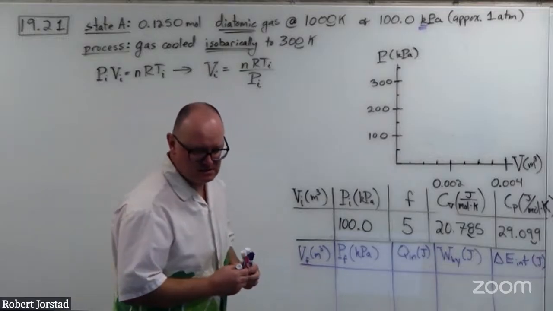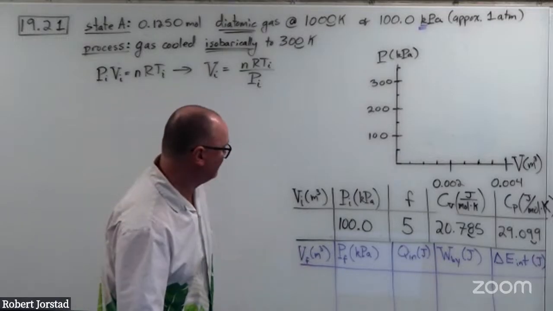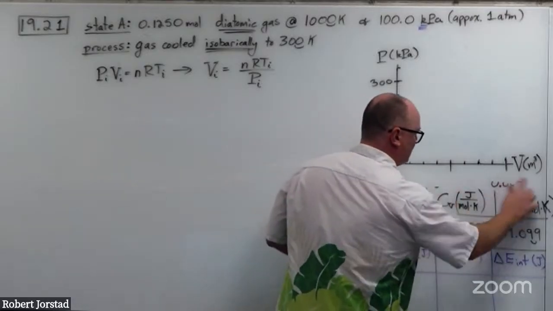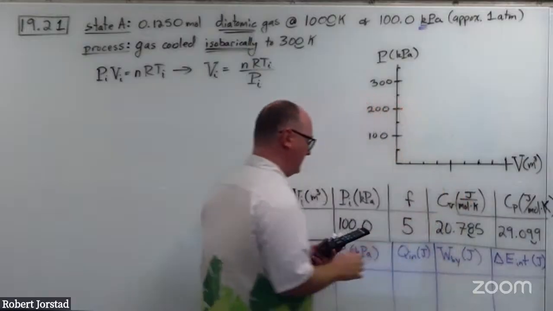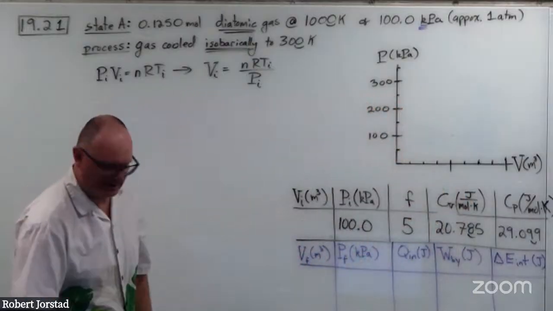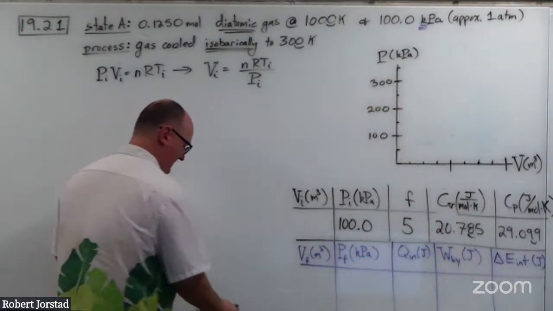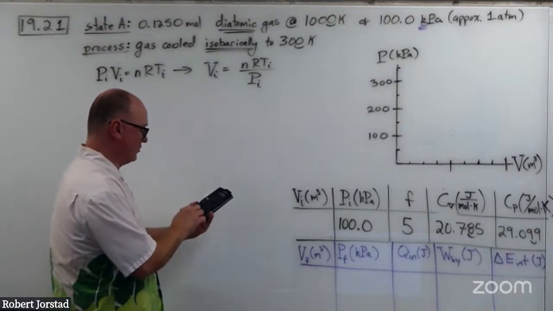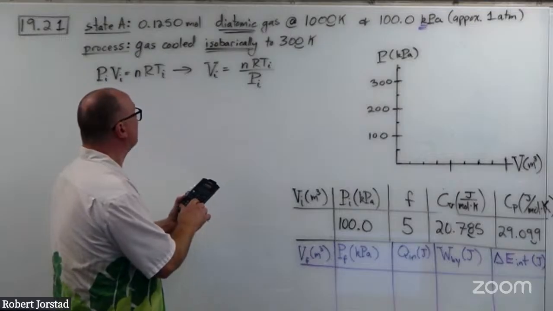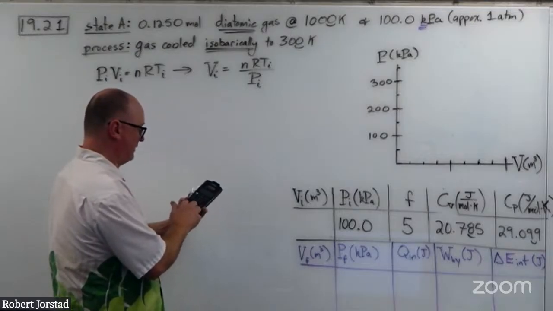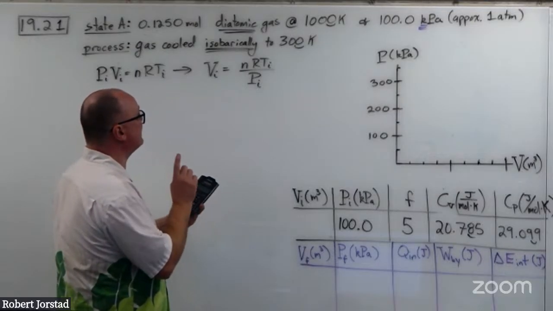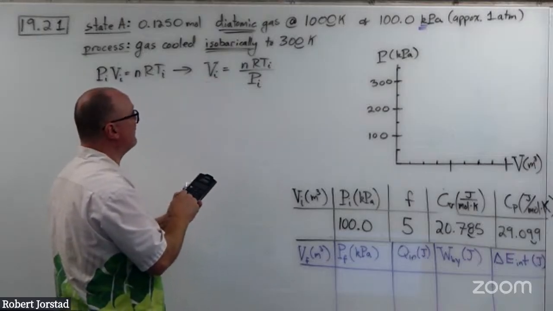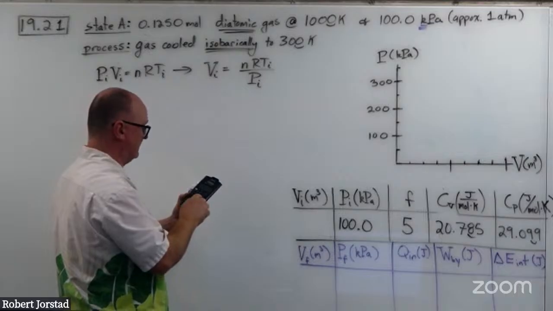I'm going to double check here. Just confirming. So n was 0.125 times R 8.314 times T initial, which is 1,000. Everything's got 4 sig figs.